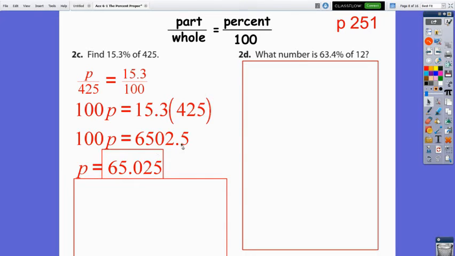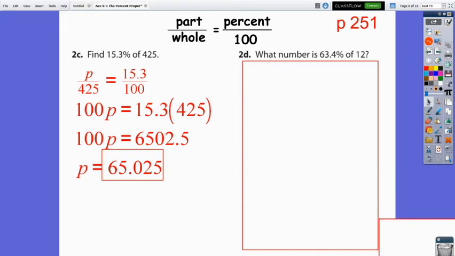So you can do that in your head here. Move the decimal point 2 places. You get 65.025. Don't round typically unless you are directed to do that in the instructions, or if this ended up being a huge, ridiculous decimal, then round it off to something reasonable. But if it ends after 3 or 4 decimal places, you can just write out the whole thing.